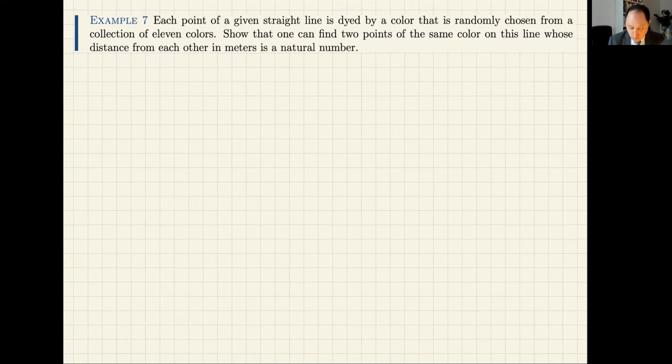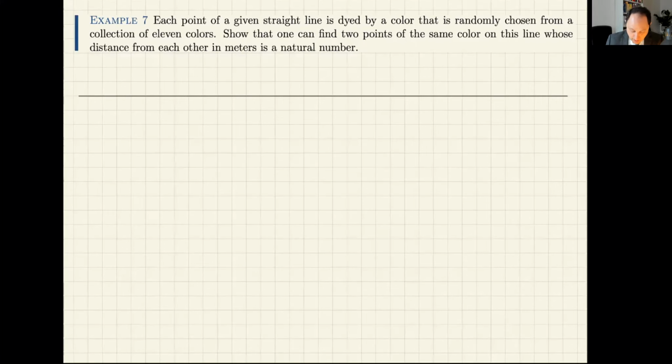Let me just do it in this way. Let us draw a line here. Assume that this is your infinitely long line. It goes to infinity from both sides. And then let me take a twig or whatever, a very thin stick, which is 11 meters.